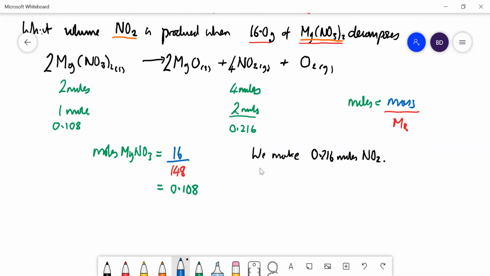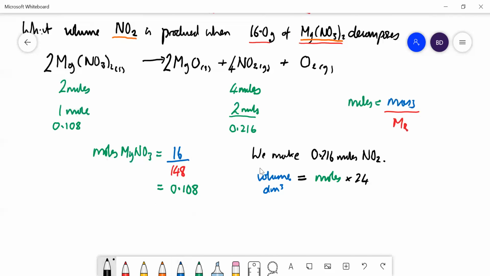What volume is that going to occupy? Well, the volume of a gas is equal to the number of moles multiplied by 24 from the equation at the top before, and that volume is going to be in dm cubed.